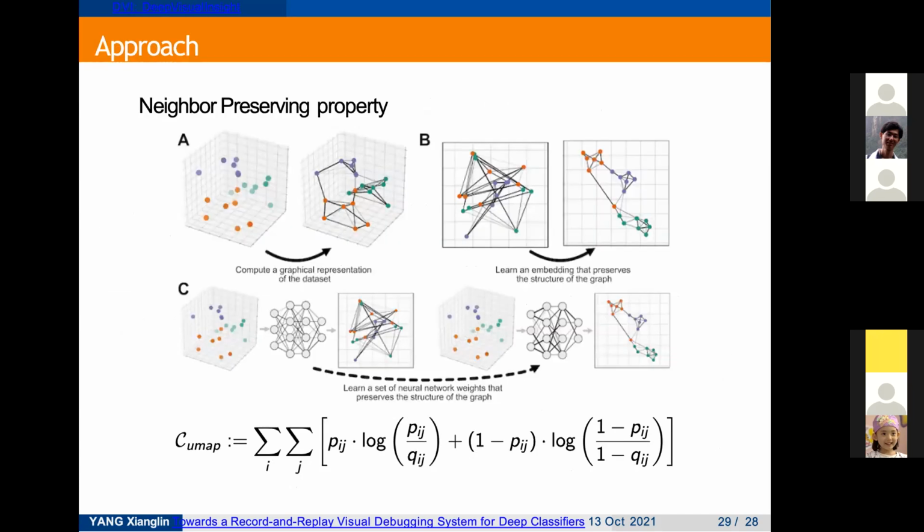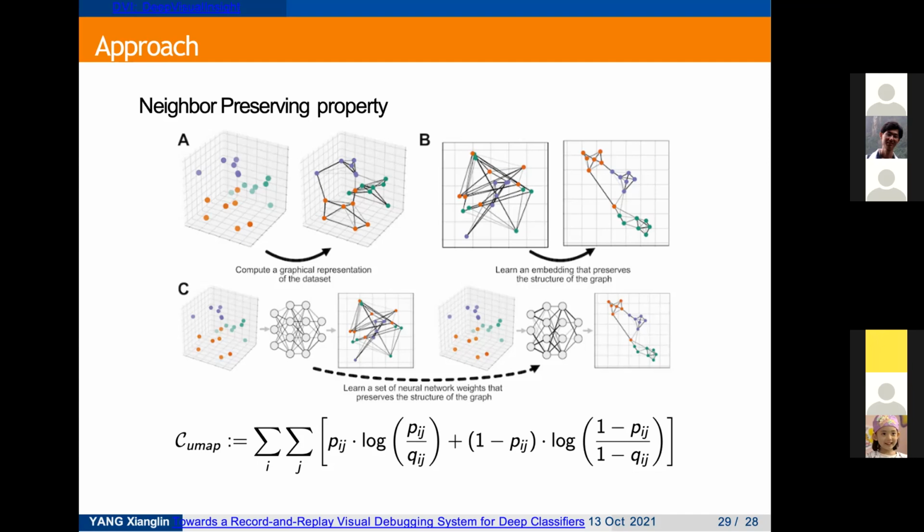So for the neighbor preserving property, we wanted to mimic the process of UMAP. What UMAP does is within graph A and graph B. So first you have some training points, then you compute this fuzzy topological structure, which means you need to link each point to its k-nearest neighbors, and then construct a graph.